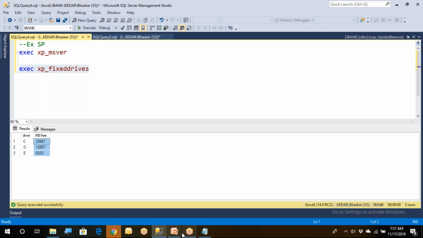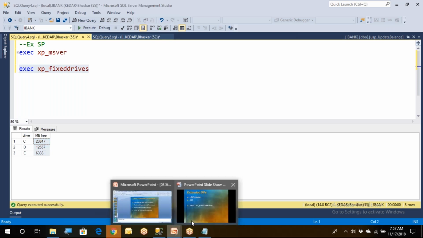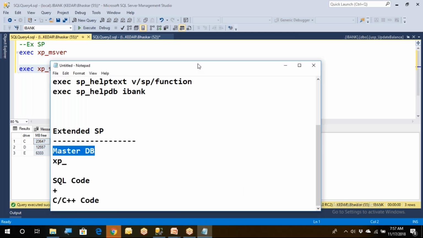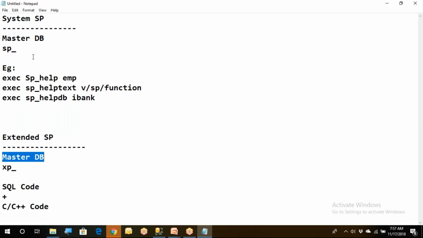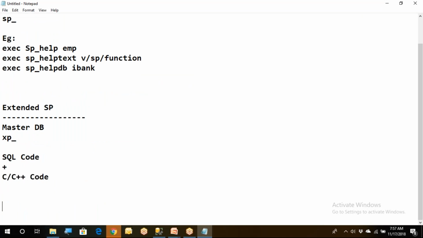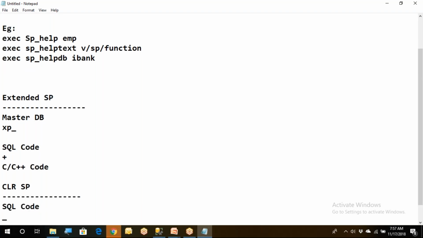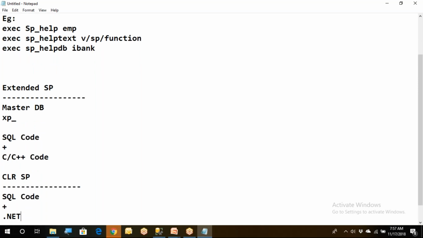And one more thing we can have, instead of C and C++ code, nowadays people are using CLR stored procedures, CLR stored procs. If I wanted to perform a very complex operation, I write the SQL code plus, instead of C or C++ code, I am going to be writing .NET code. .NET means CLR.